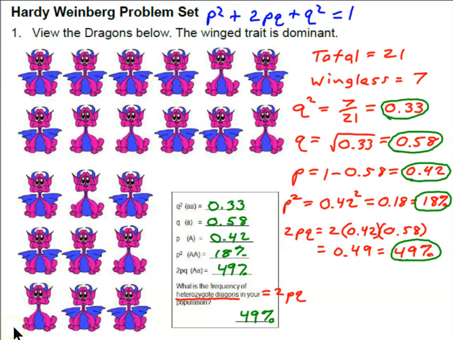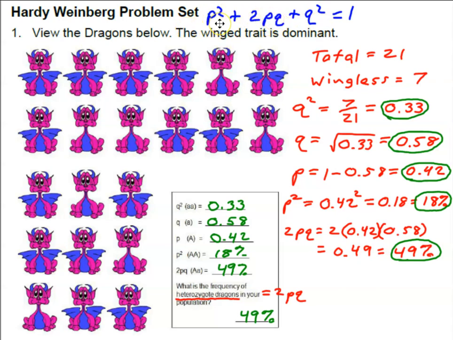I'll tell you right off the bat, the one thing you want to remember every time you're solving one of these problems is that you're going after the genotypic frequency of the recessive trait. That's because that's the only phenotype that you know the genotype of.